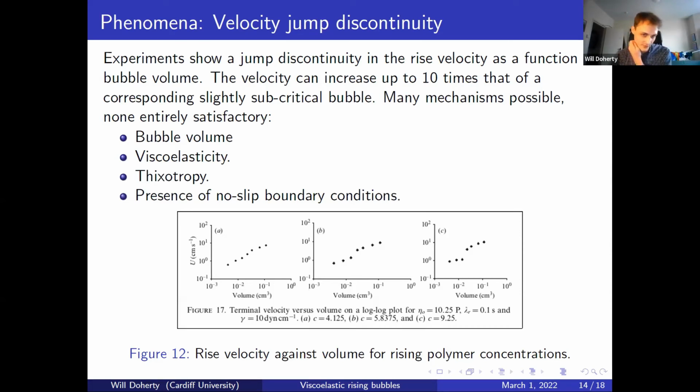It's something I'm working on at the moment, trying to build an axisymmetric 3D simulation to guarantee no slip boundary conditions, but even in a 2D simulation, we think that the fact that there's no slip boundary conditions on the boundaries kind of forces the cusp in and makes it more formed. And then when you have a sharper cusp, you have less drag forces, sorry, and then the jump discontinuity becomes more prevalent.